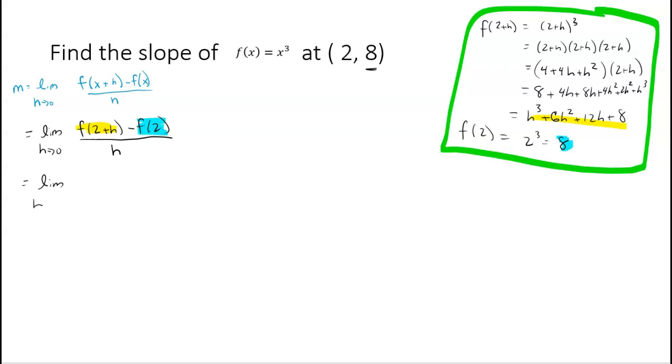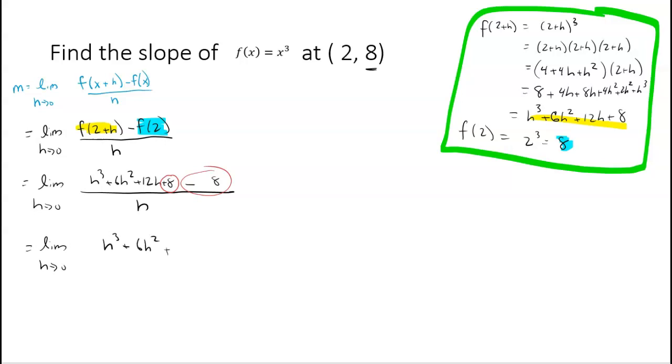So the limit as h approaches 0, parentheses h cubed plus 6h squared plus 12h plus 8, minus parentheses 8, all over h. So again, if I distribute just like the last problem, I'm not necessarily needing my parentheses, so I'm going to get rid of them. And I will notice that the 8 and the -8 cancel away. The limit as h approaches 0, h cubed plus 6h squared plus 12h all over h.